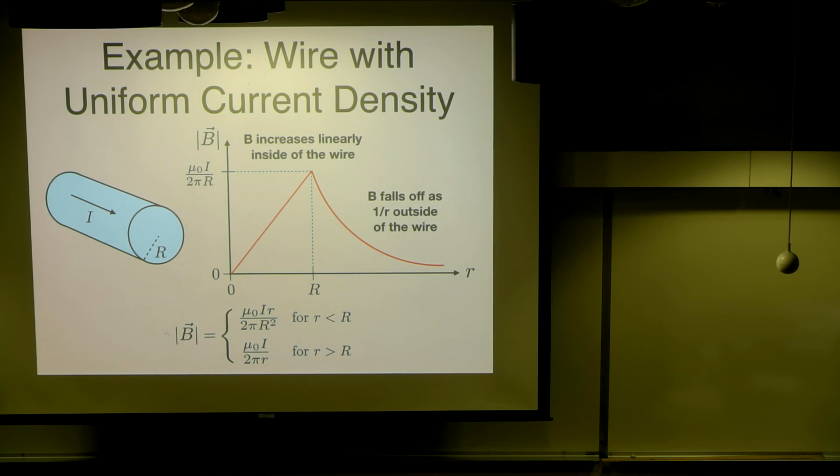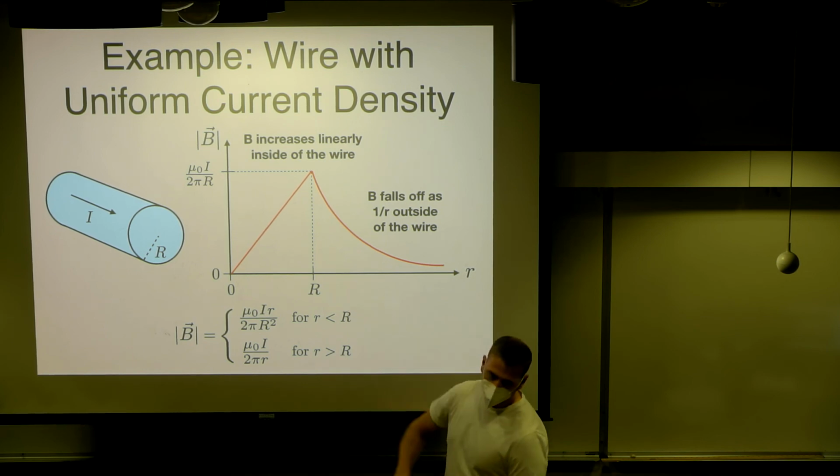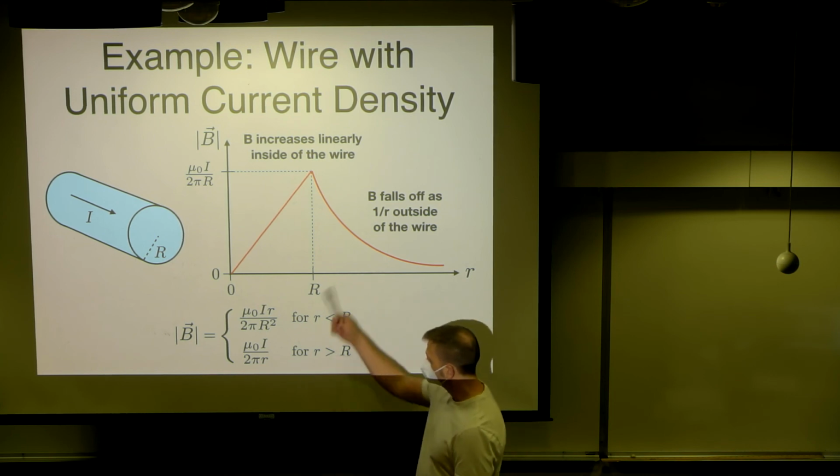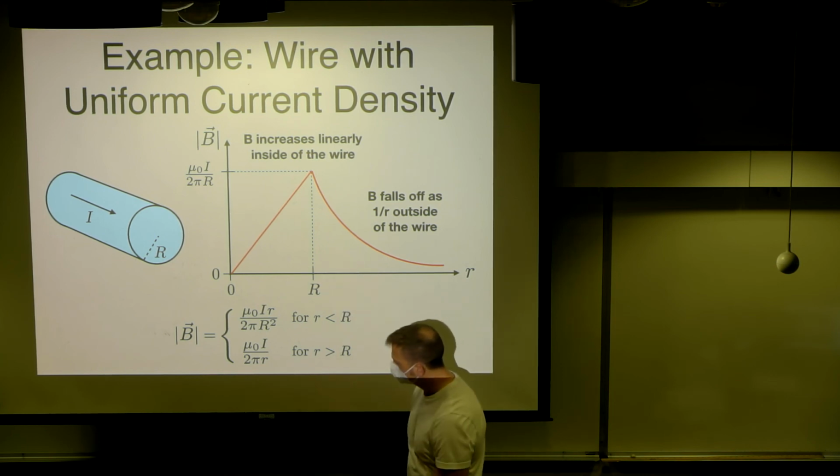So let's actually look at this on a plot. You've got your wire, and we can plot what the B field is as a function of distance from the center of that wire. Because we have these two different results, we have to look at the graph in two pieces.